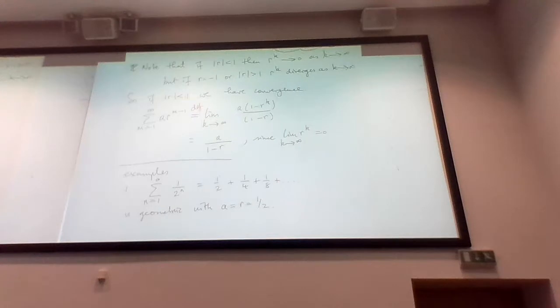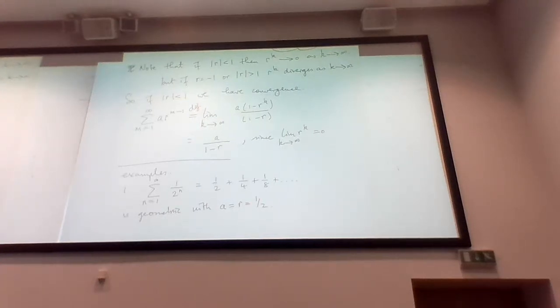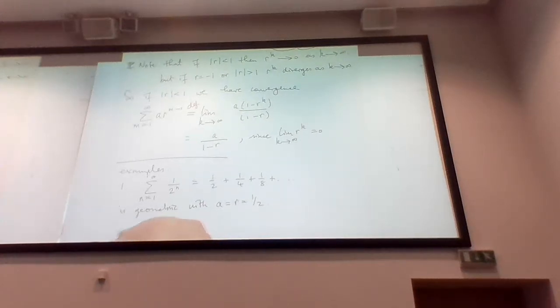So the initial term is a half, and each time you're halving the previous term to get the next term. So it's convergent. And the sum of the series is given by the formula a over 1 minus r, so it's a half over 1 minus a half, so it's a half over half, so it's 1.